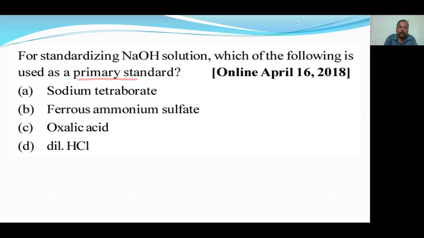The answer to this question is oxalic acid. Oxalic acid is used as a primary standard. In oxalic acid, COOH will be converted to COONa.